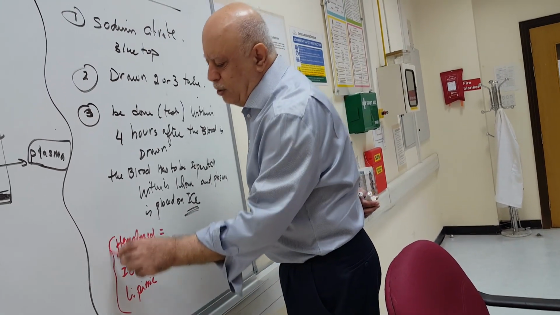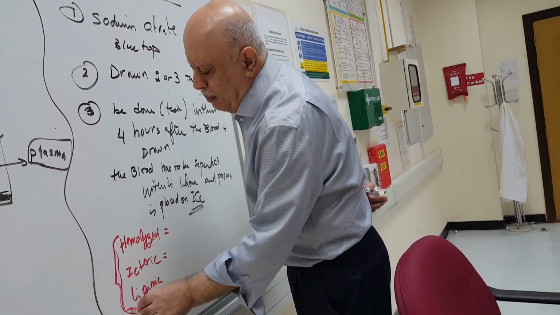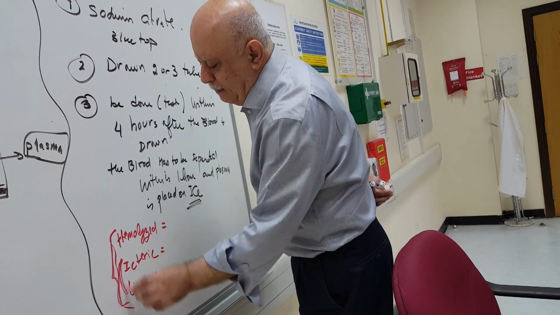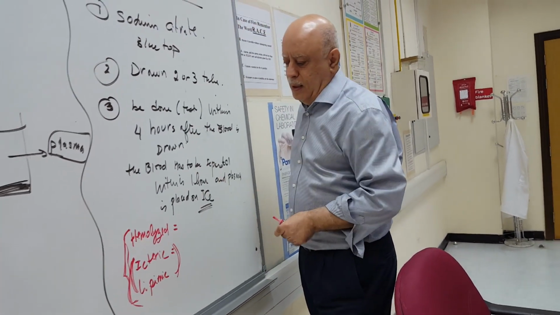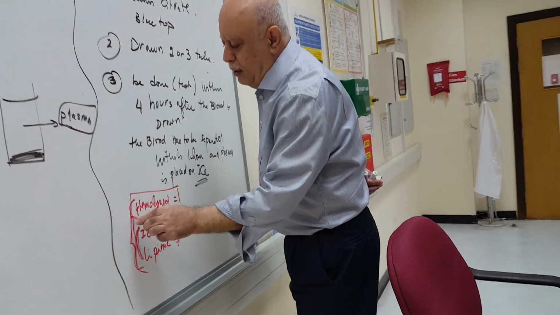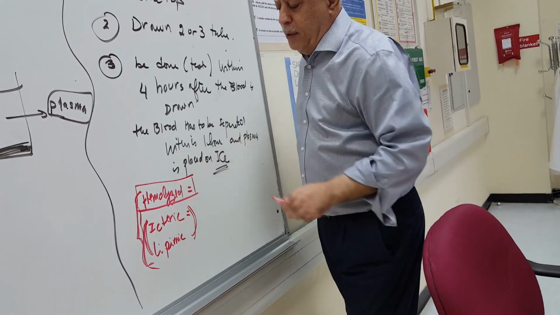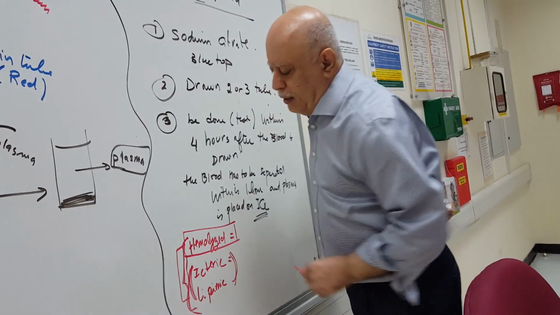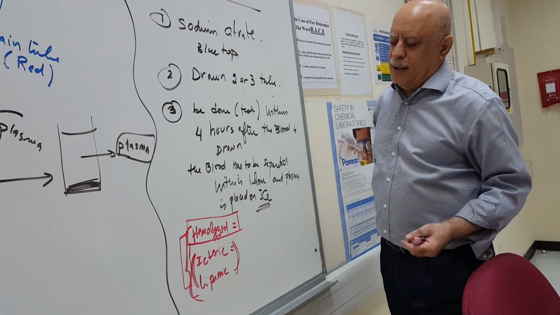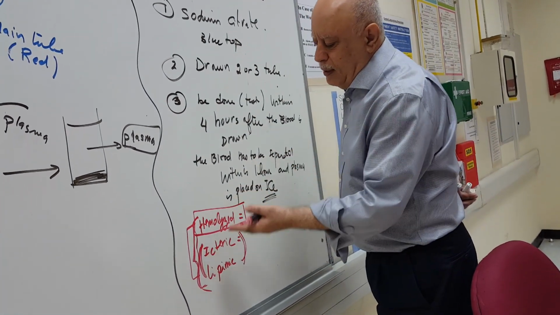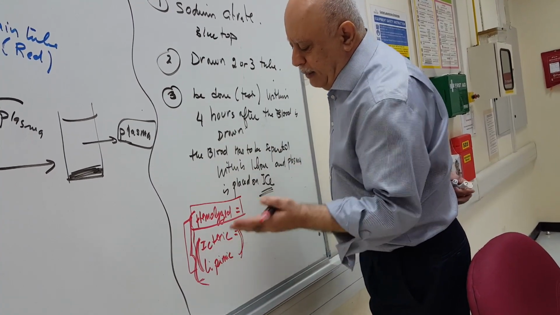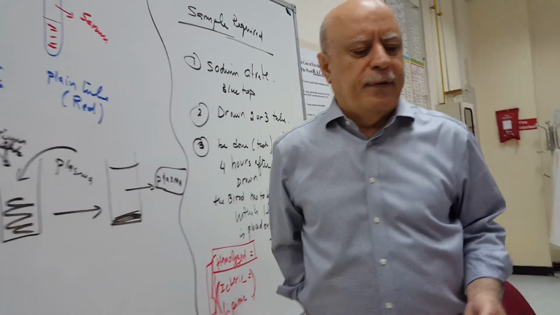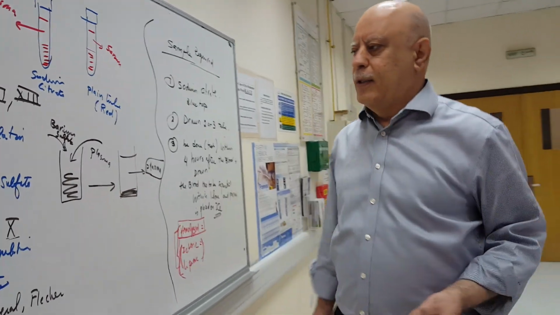These should be refused because they could not be tested in any automated machine, because the light cannot go through. All of them should be refused because we all use automated testing. So hemolyzed interferes with the result, and icteric and lipemic also interfere with the result.